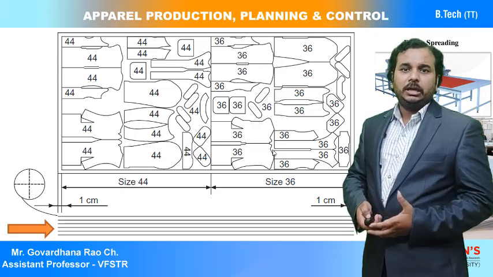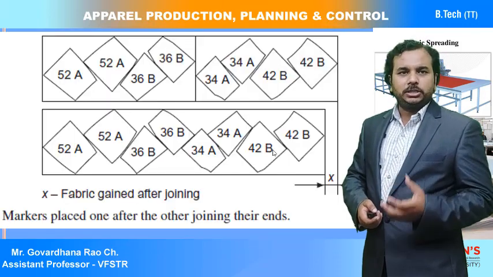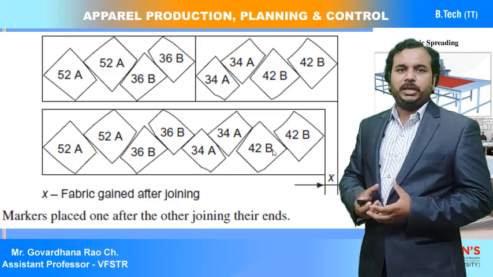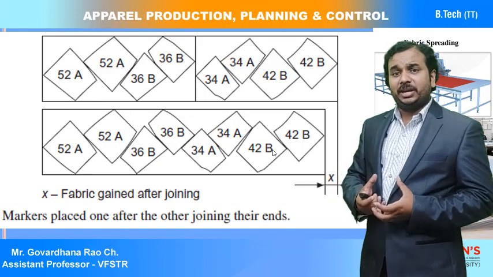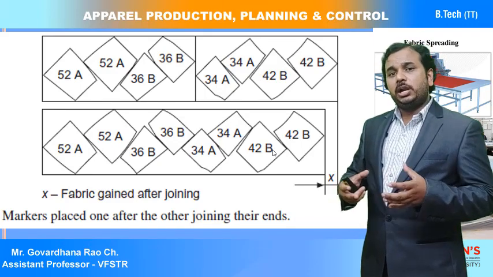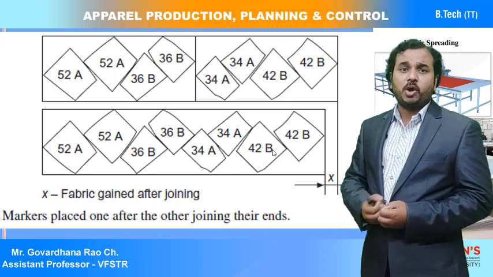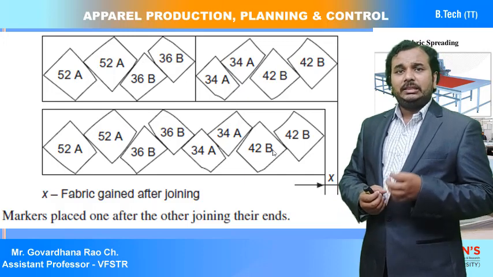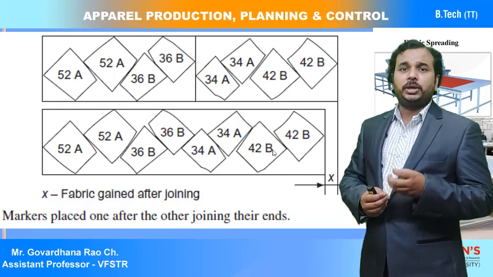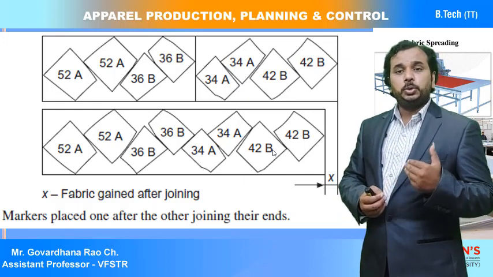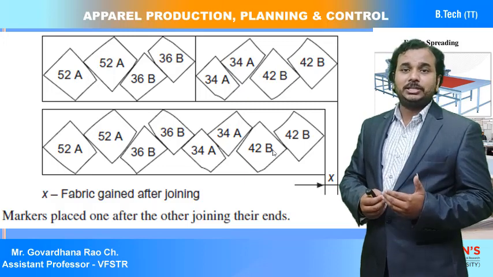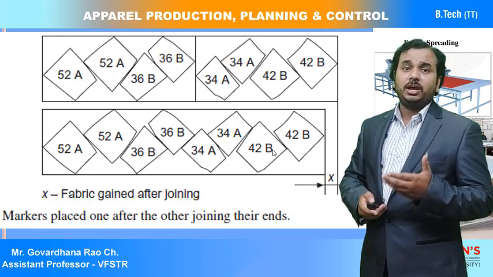So this is the introduction. You can see that some of the garments have small pieces, or the garment size itself is very small, like undergarments. These garments are kept or joined together so that the fabric utilization is very high.